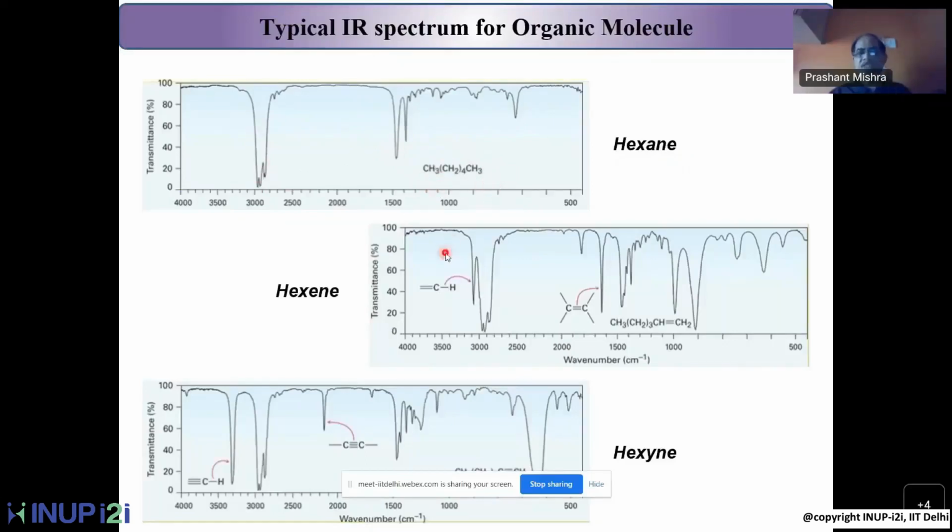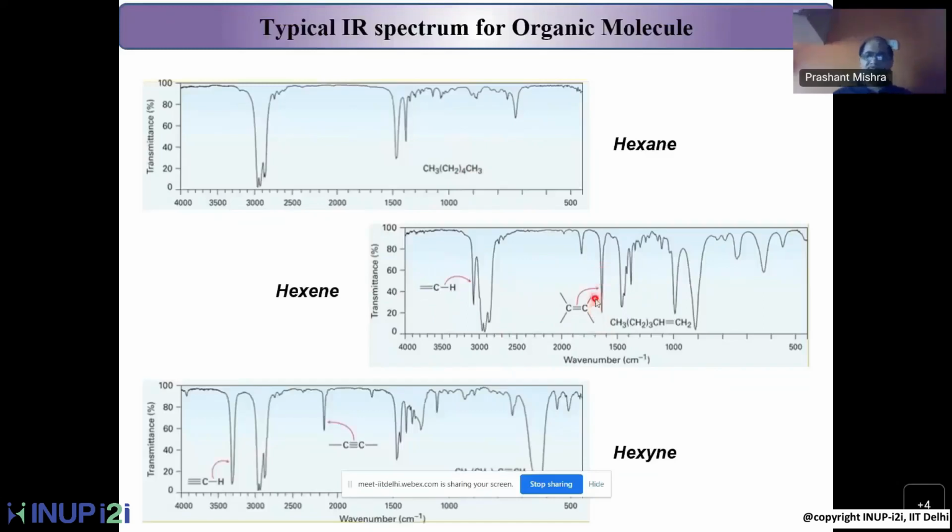What you find is that you can keep the same number of carbon atoms, but have double bonds. Because of the double bond, there is a pattern which has changed. You will get additional transmittance peaks, which are very important for your spectrum.